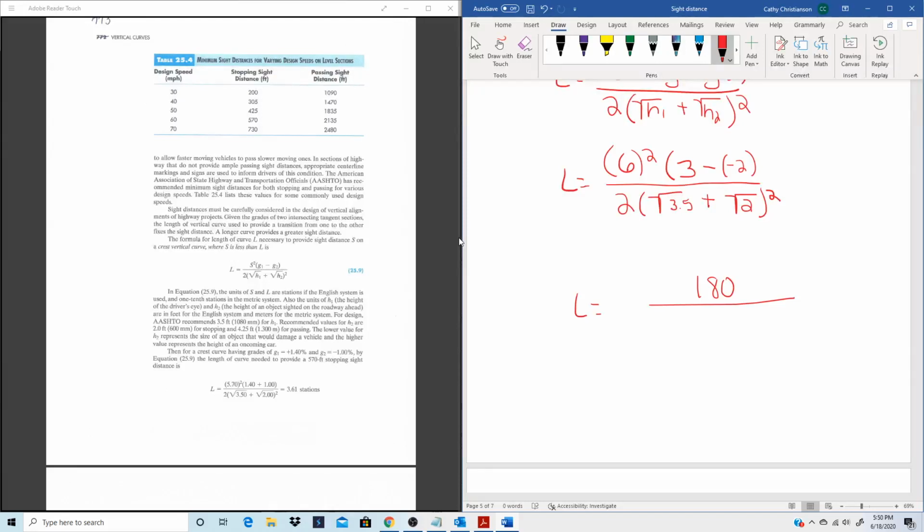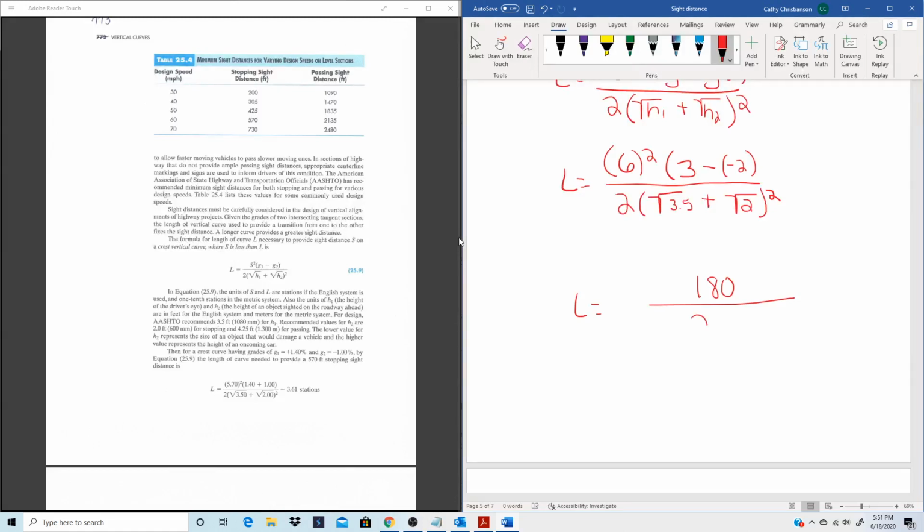And then I'm going to do the bottom. The reason I'm doing this out is so you can check if you have a problem with your calculations.